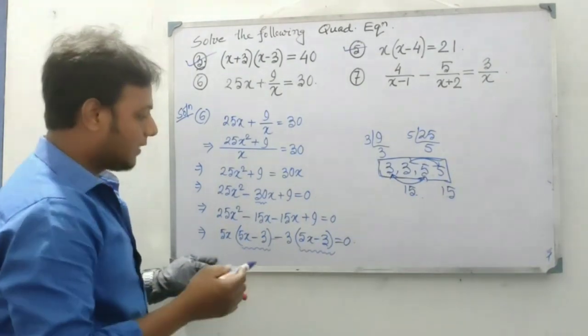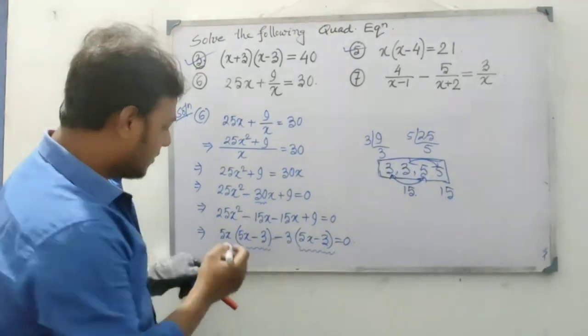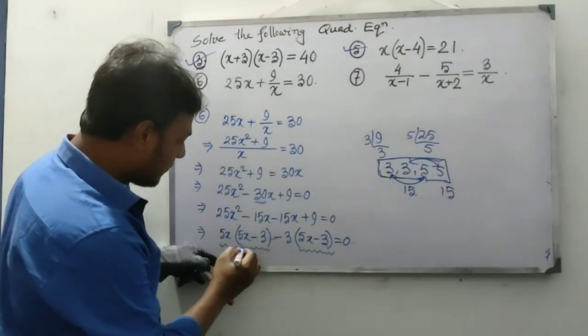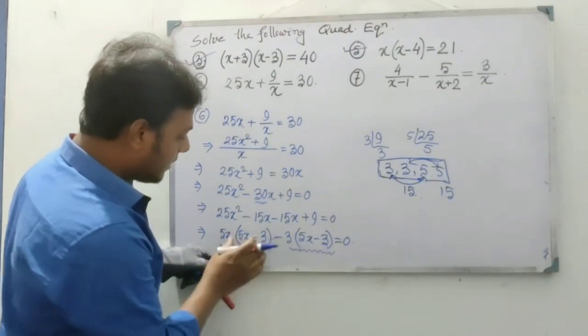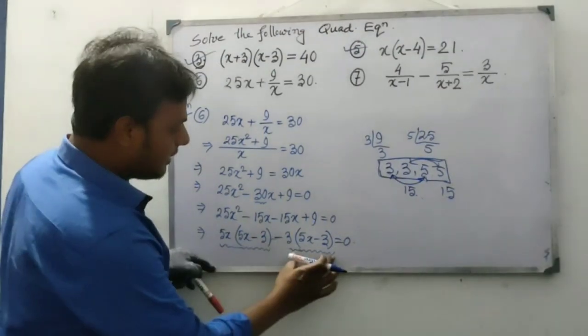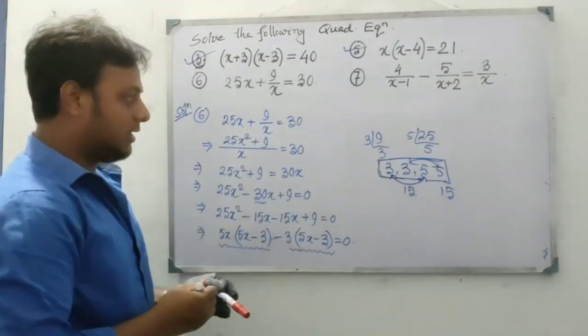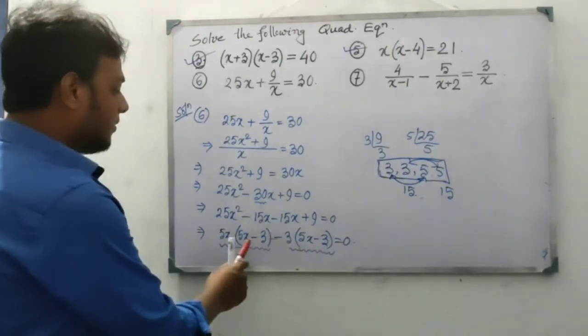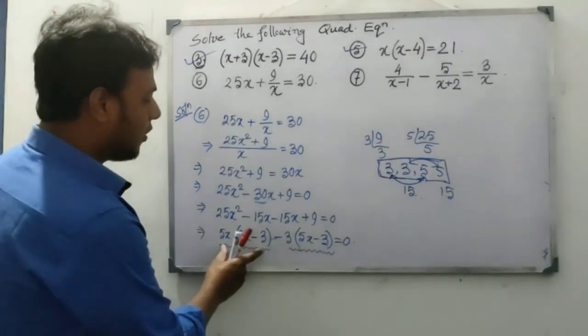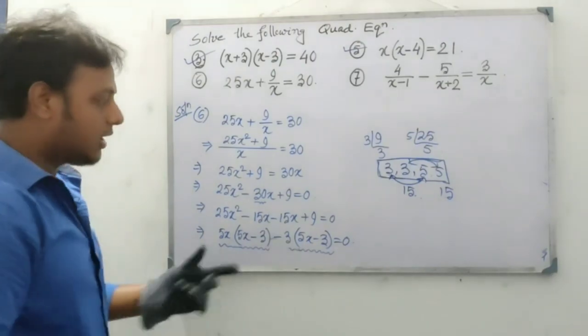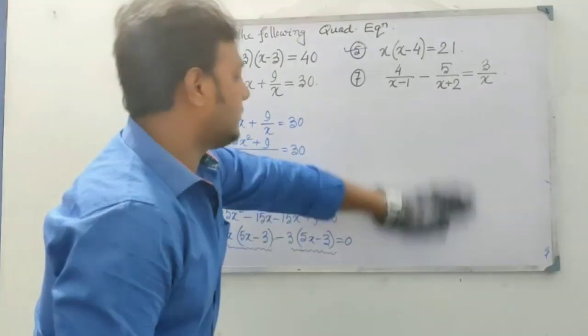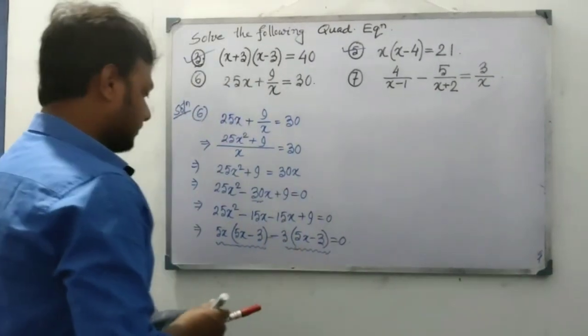Do you get it? Okay, now we have to take common. Now we have two terms. This is one term and this is second term. See, this minus this. So two terms are there. So we have to take common 5x minus 3, since this is common in both of the terms. So we can take common. So I am taking common here.